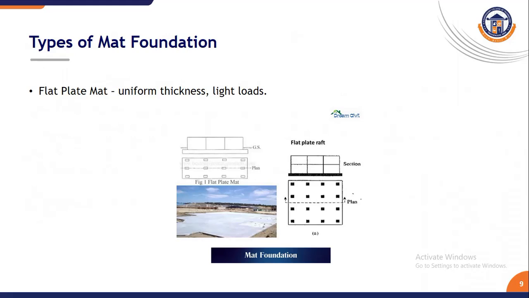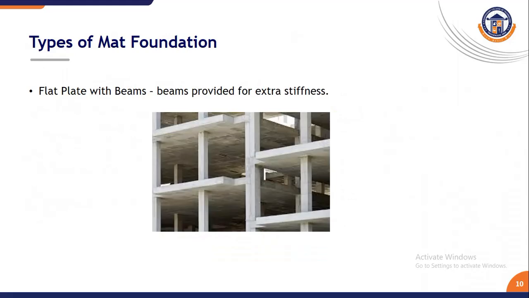Okay, here plan and elevation are mentioned for your reference. After that, flat plate with beam, it has extra stiffness with beams between columns. Okay, here various columns are there, so the beams between the columns provide the extra stiffness.